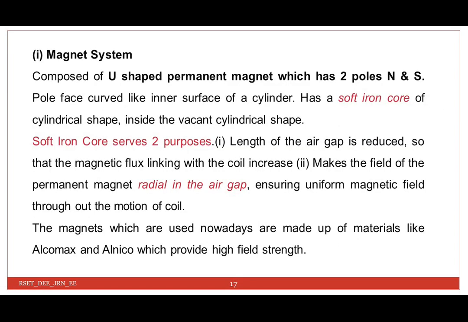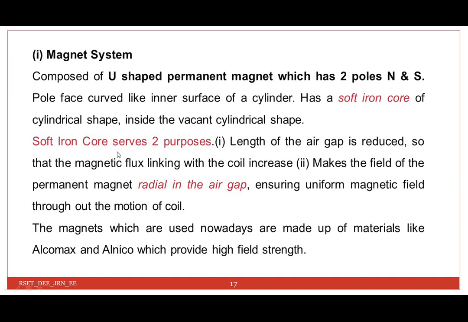So moving on to the first system, which is the magnetic system. As I had told you, it is composed of U-shaped permanent magnets which have 2 poles, north and south. The pole face is curved, as you had seen in the picture, like the inner surface of a cylinder. It has a soft iron core of cylindrical shape kept inside the vacant cylindrical space that actually forms part of the moving system.